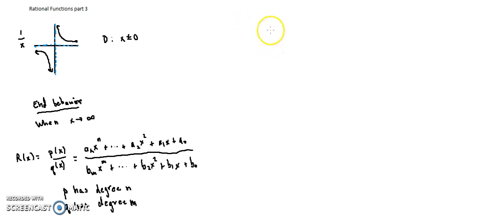Alright, now also remembering back to our polynomials, when x gets very large, we're talking about x getting out towards the ends of the graph. So this is not telling us what goes on in the middle of the graph. This is for x equal to 10, 100, 1,000, a million, stuff like that.